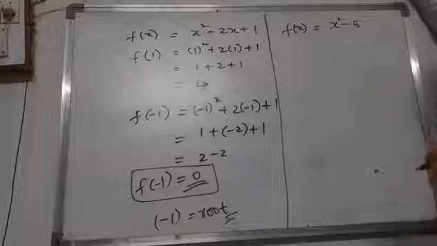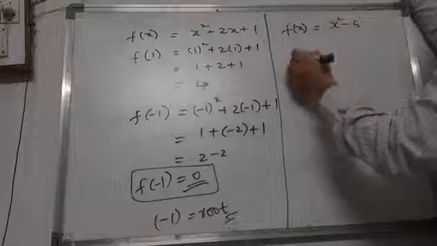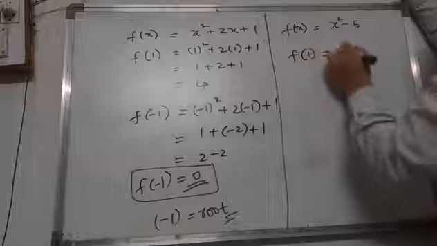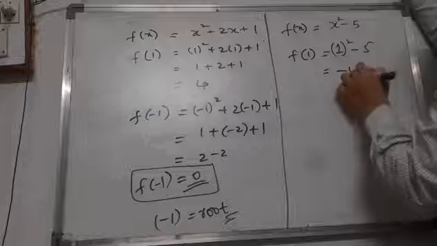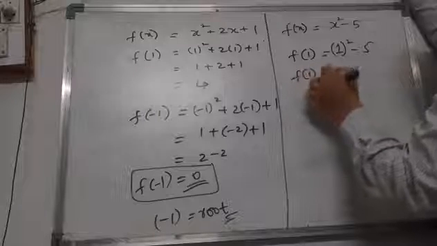This is one equation. So for this, substitute f of 1. What do you get? 1 square minus 5, which is equal to minus 4. This is f of 1.